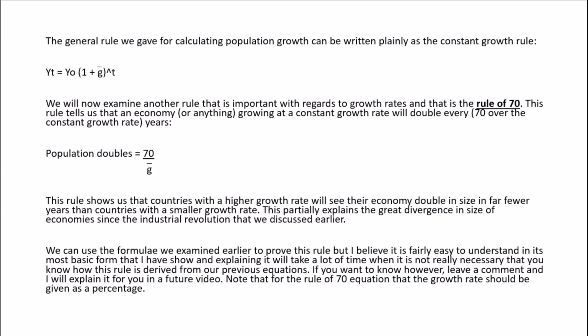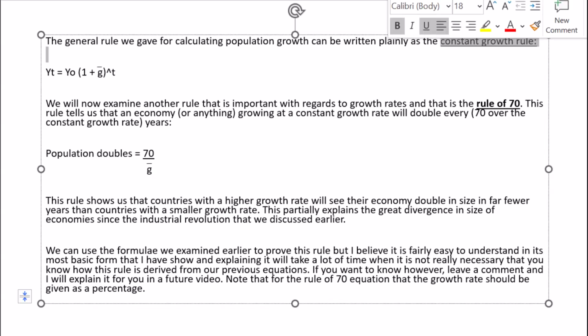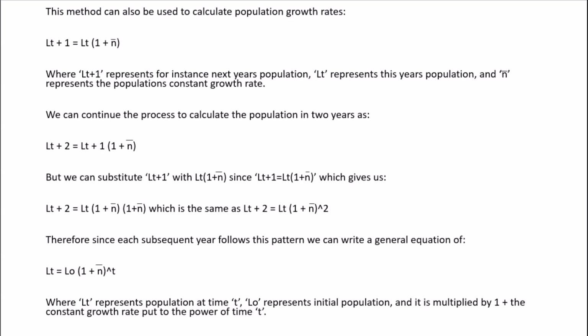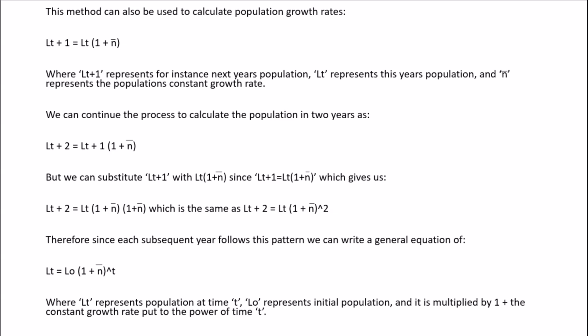So the general rule we gave for calculating population growth can be written plainly as the constant growth rule, which is something that you should take note of as it is important. It's the same thing we saw in the last slide, just put plainly.